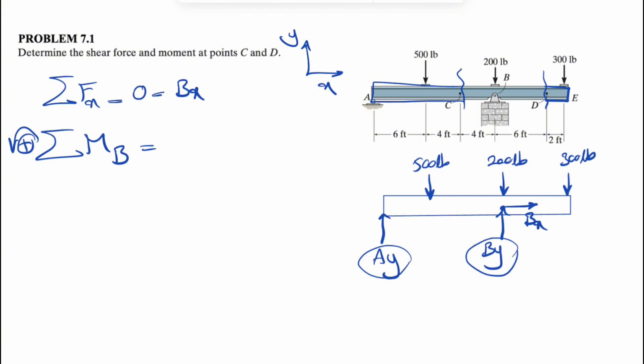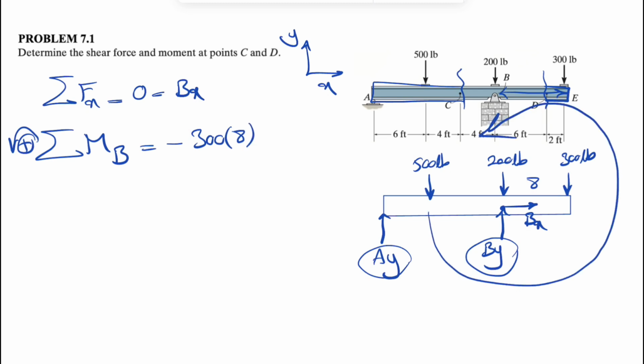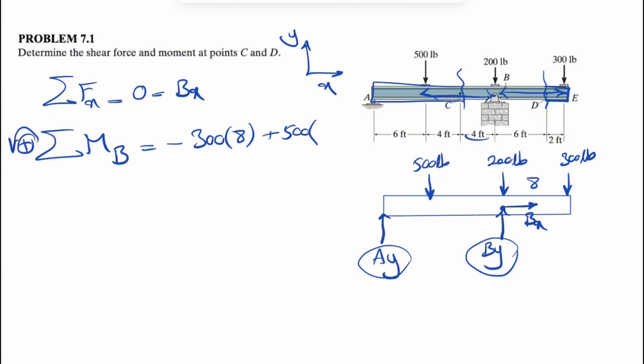So if we do at B, we have the moment of 300 pounds force about B, which is a clockwise moment, so negative 300 times the distance from B to E, or this distance, which is 6 plus 2, 8. And we have the moment of 500. This one's counterclockwise, so positive, plus 500 times what we have from here to here, which is 4 plus 4, another 8.